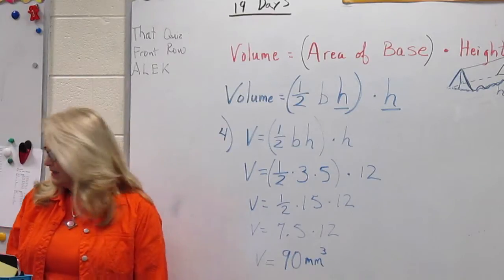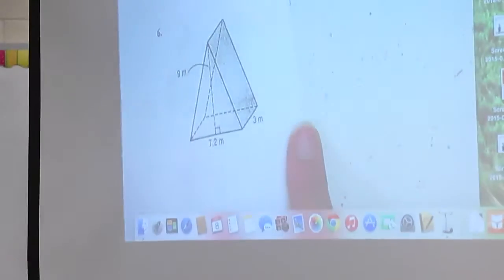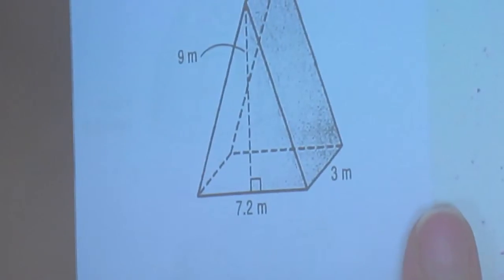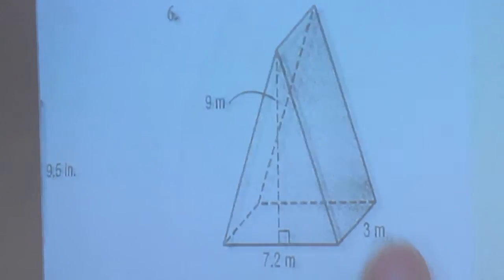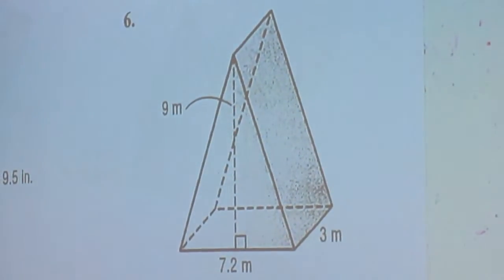All right, so next I'd like you to go to number 6, and this time it is also a triangular prism. The picture is here. I want you to use that number 4 as an example. And then, there we go. And stand up when you're done.